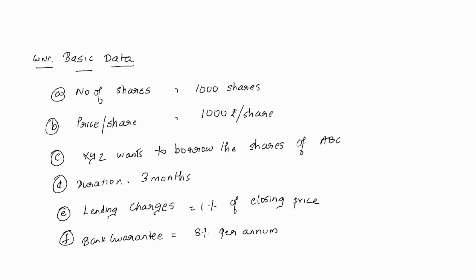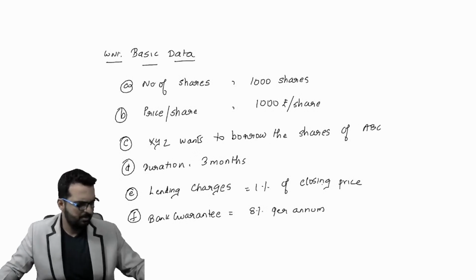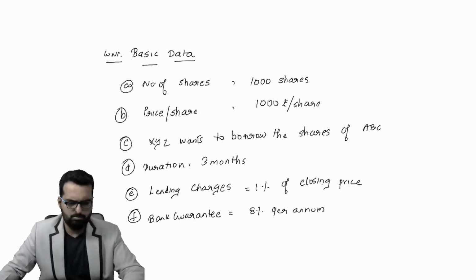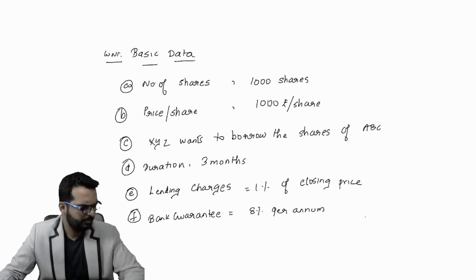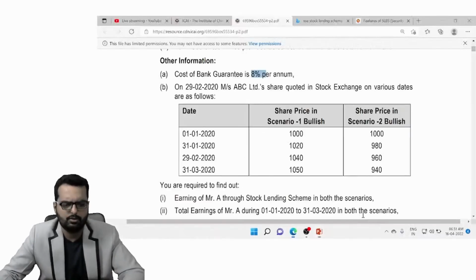Are you all done writing this? Fine. I'll go to the next part now. All right. So once you have written down the whole basic data, now we will start solving it. They have given two scenarios. What is the first scenario? They're calling it bullish.